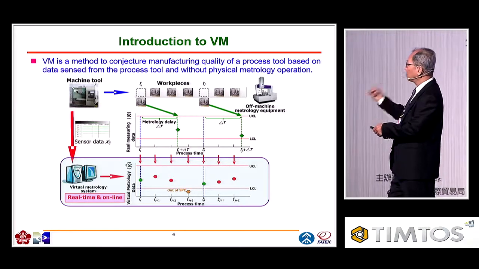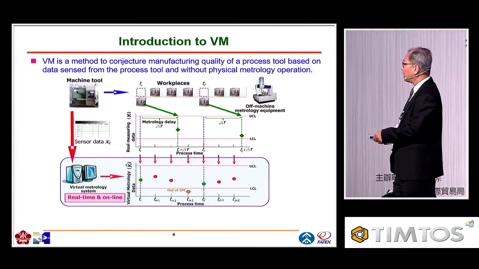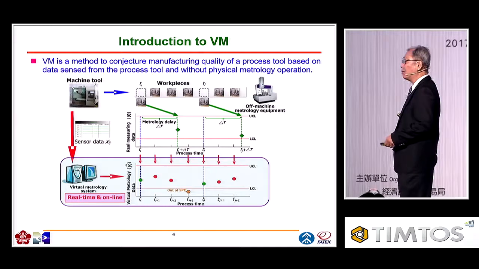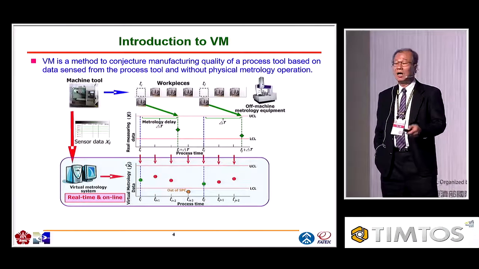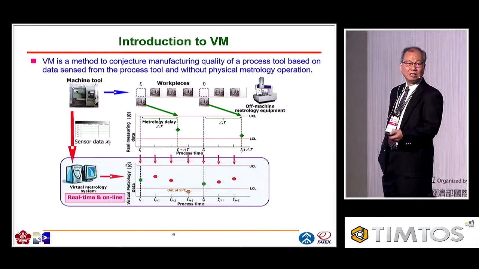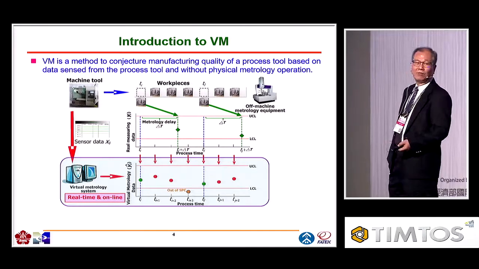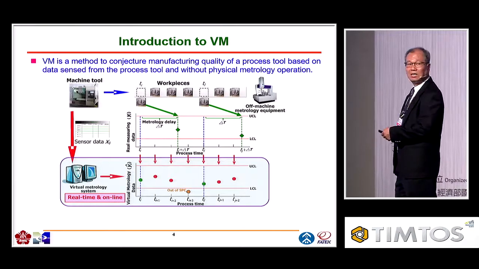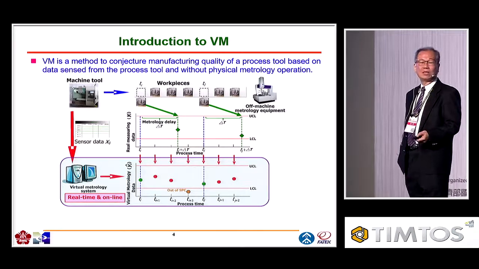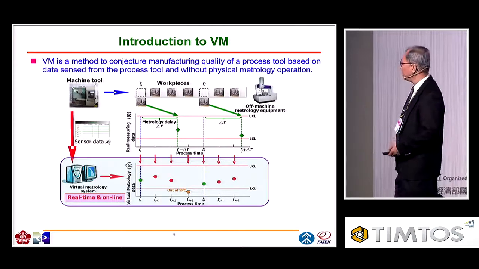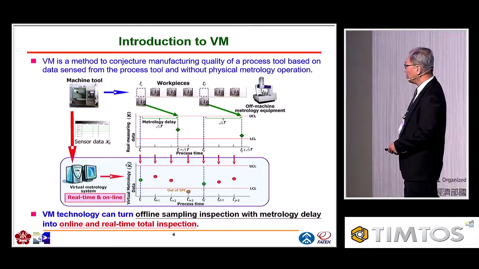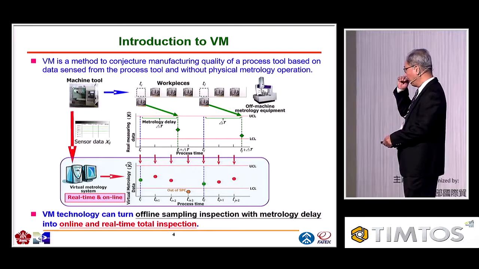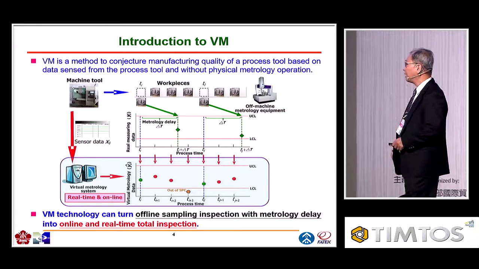Then we send the input data to the VM model in the computer, and it can predict the quality value for you in about real time, maybe just in 5 or 6 seconds. So in other words, after finishing processing, you can get the quality data almost immediately.